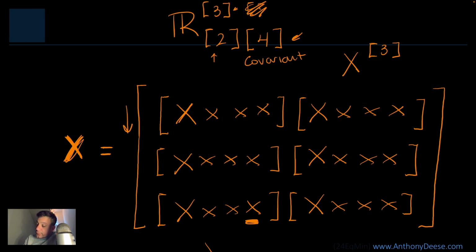Then, what's its first covariant index? The first covariant index refers to these groups. So we have the first group and the second group horizontally. This is in the first group, so that is a 1. And then within the embedded array, it is the 4th element. So we would index it in that way.